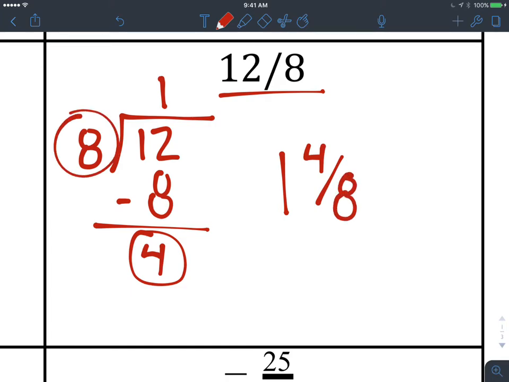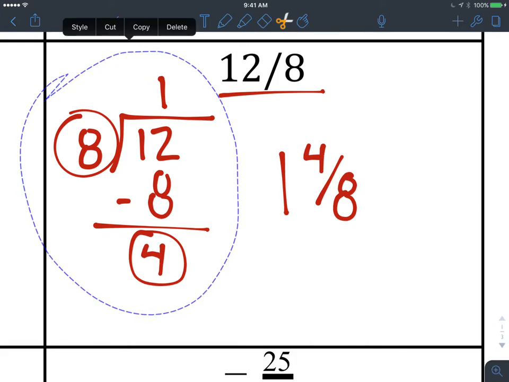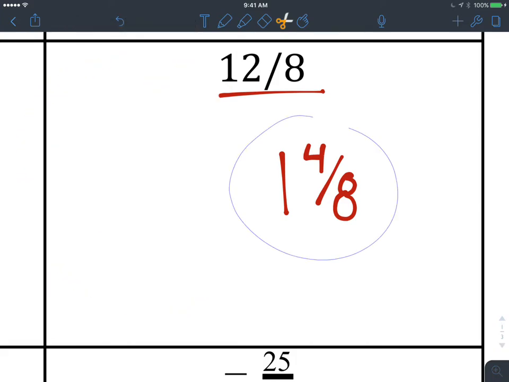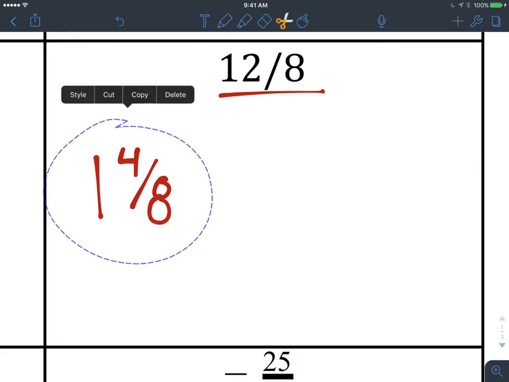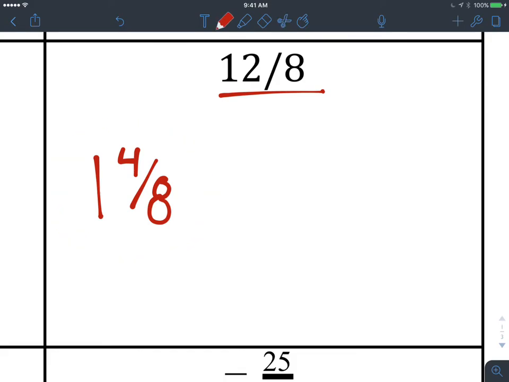And so this 12 over 8, this improper fraction as a mixed number, is equal to 1 4/8. Now, we're not done quite yet, because we still need to turn this 1 4/8 into its simplest form. We're not going to do anything with the 1 anymore, but this 4/8 can still simplify down.